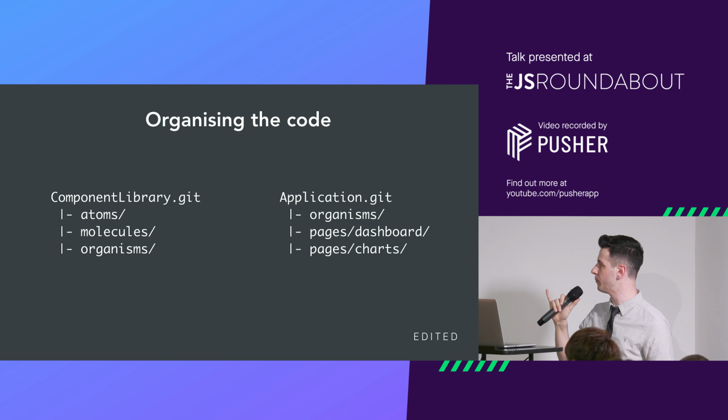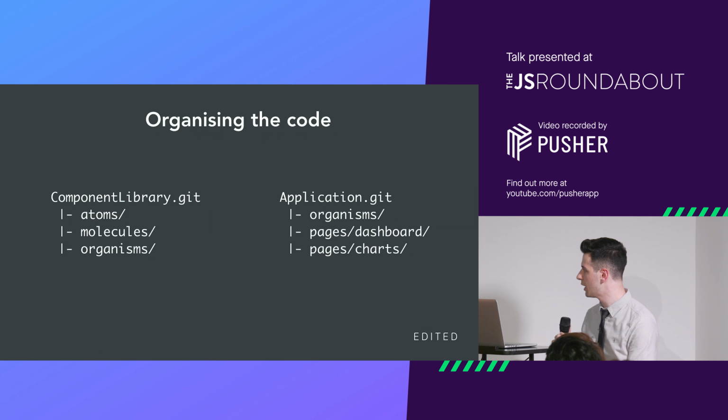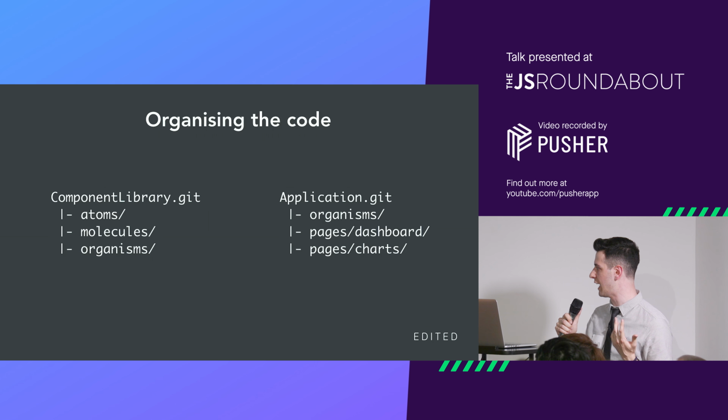And then we split these components between component library and application. In the application, you put the more specific stuff. There you will put the organisms that take much more data. It's very likely that you will have some organisms that just take the whole state from Redux or whatever library you use for storage. And you will have some pages, and we use these pages that we talked about earlier kind of like modules.